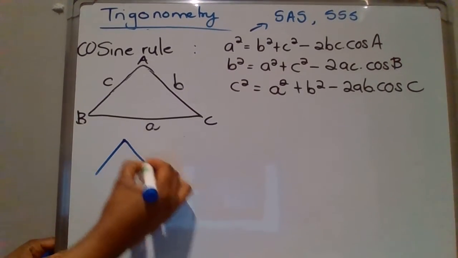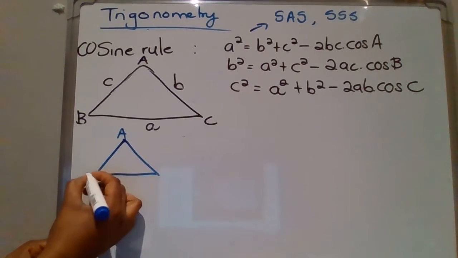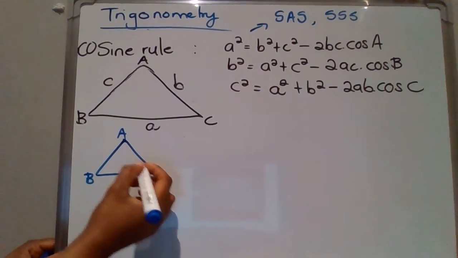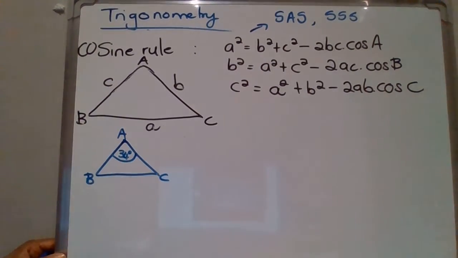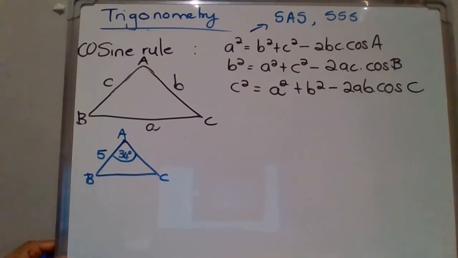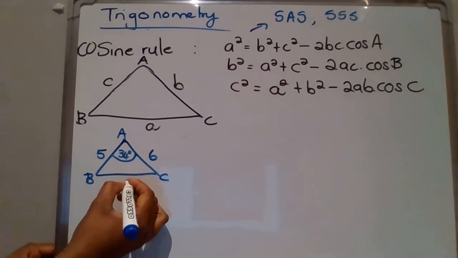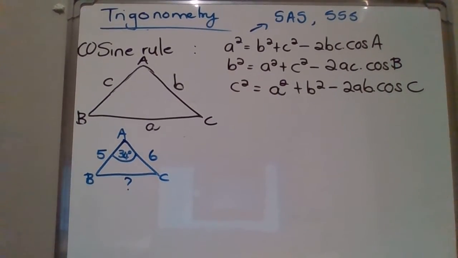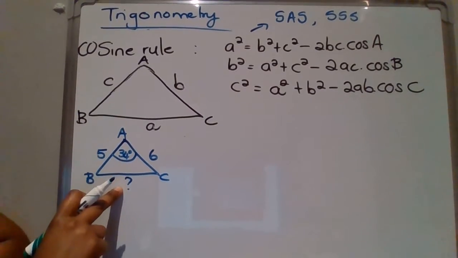One example would be if I'm given triangle ABC, I have an angle which is 34 degrees, and I have a side which is 5, and the other one is 6, and I'm asked to find that side over there. So then what do I have? This, remember, is a squared.